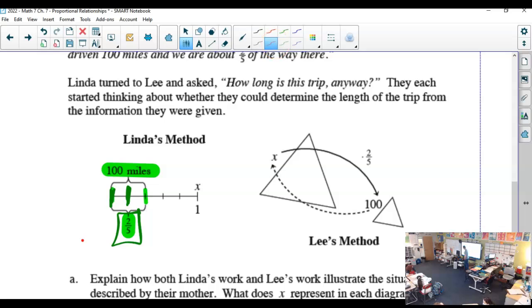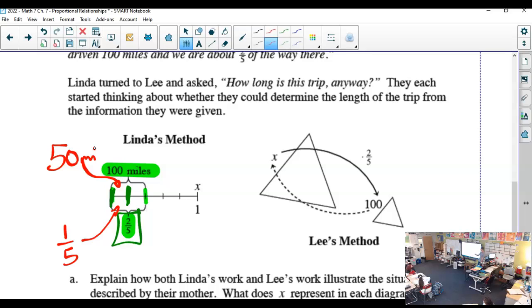So if we divide by 2, then 1/5 will be, how many miles did you say? 50 miles. Questions on how Mia got there? That 1/5 is 50 miles. Well, hang on. Any questions on how Mia got to 1/5?